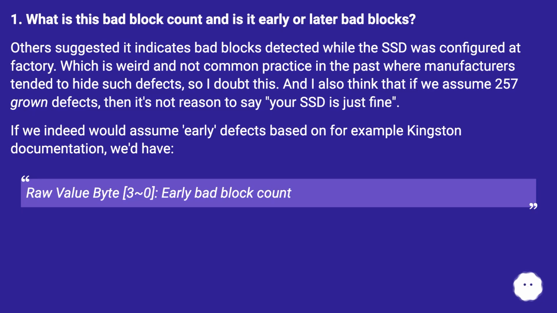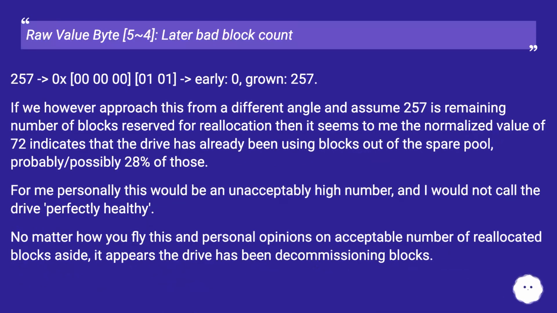If we indeed would assume early defects based on, for example, Kingston documentation, we have raw value byte 30, early bad block count, and raw value byte 54, later bad block count. 257 is 0x0000000101: early 0, grown 257.